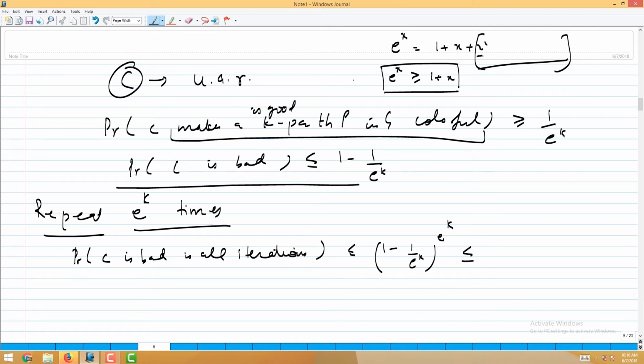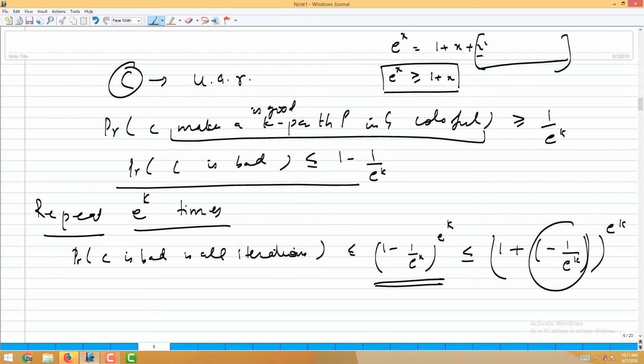So now I want to use this expression to simplify this. And how will I simplify this? This can be written as 1 plus x, so consider this as x. And now use this, this is nothing but e power minus 1 by e power k, and this e power k here.